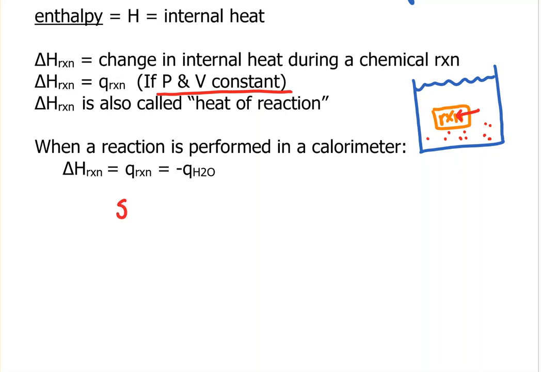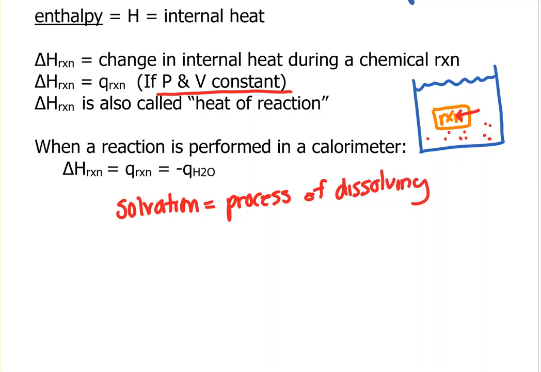Anyway, I wanted to add a little bit of notes here. The word solvation means process of dissolving. In this whole thing, we refer to this as a salt, and I just want to remind you that salt, of course, does not have to be table salt, but it could be any ionic compound.